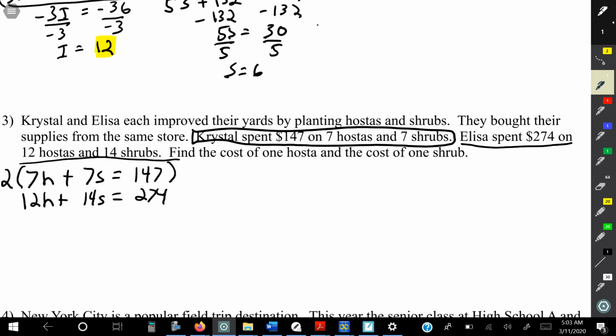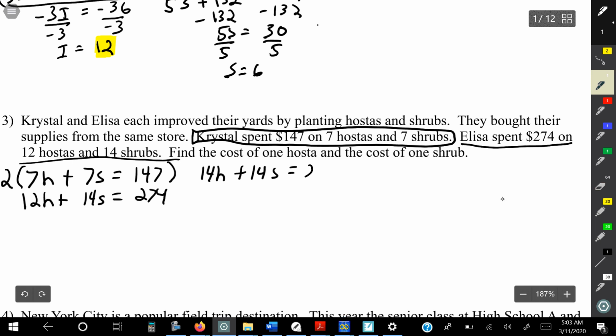All right, so once I do that, I'll have 14h plus 14s is equal to 294. Then I have 12h plus 14s is equal to 274.